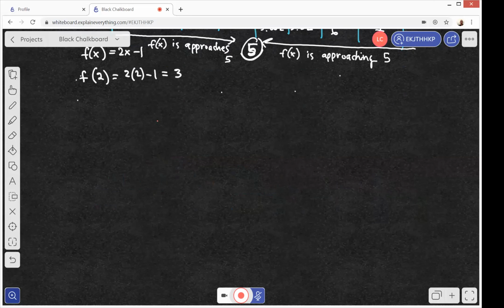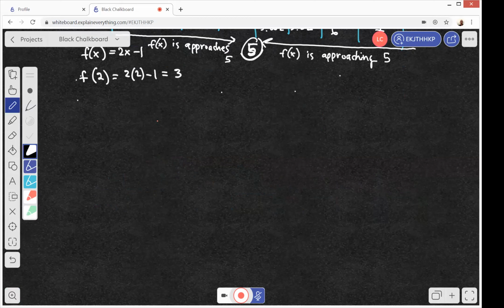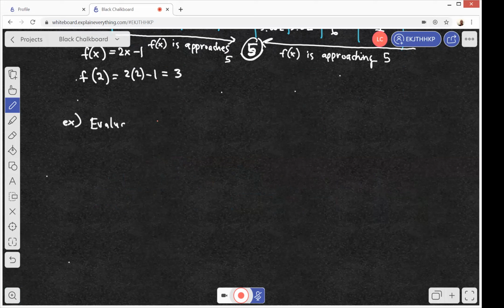So in our next example, we have evaluate x cubed minus 1 all over x minus 1 as x approaches 1.